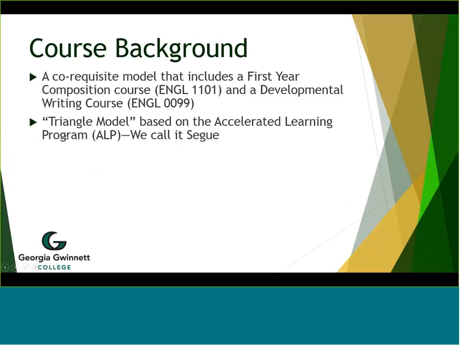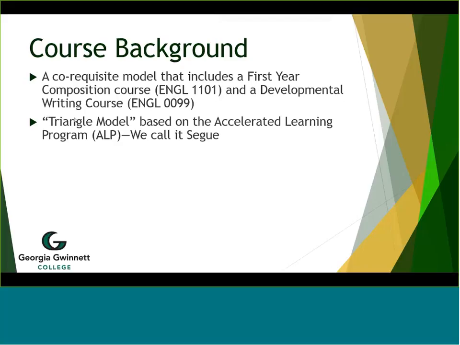We're using the ALP program as our model, and we set it up a little bit differently than ALP originally has students in an 1101 type or an English comp course, and then just a smaller developmental course, and we knew that wouldn't fly with our administration, so we developed what Peter Adams, the creator of the ALP program, named the triangle model, but we did it more because we knew that way our administration would accept the program.